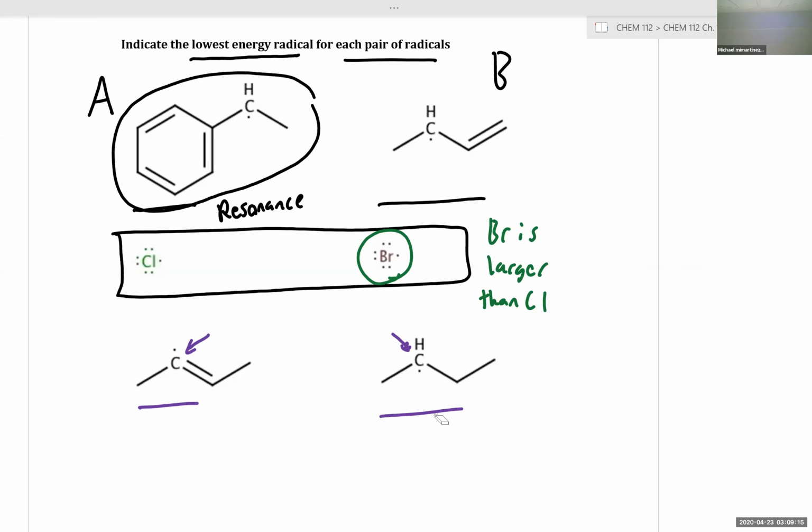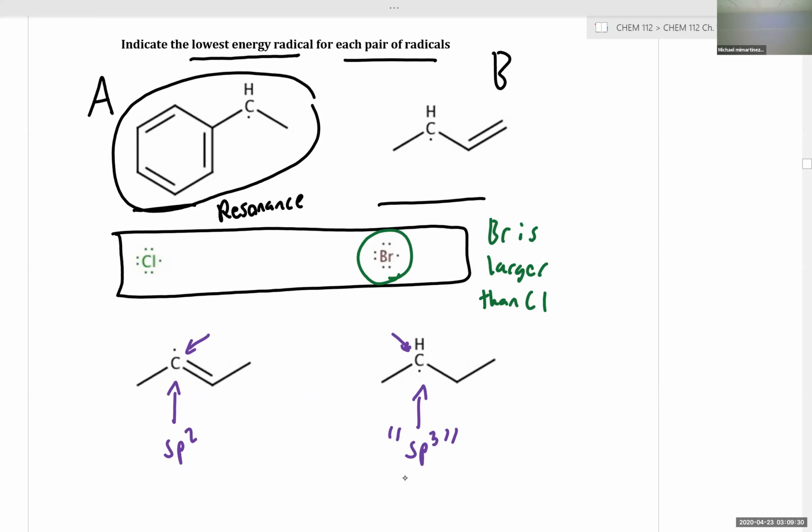So let's compare now. This is an important one for discussion. Here we have our radical on an sp2 center, while here our radical is on a quote-unquote sp3 carbon.